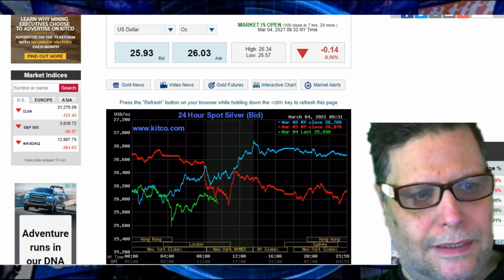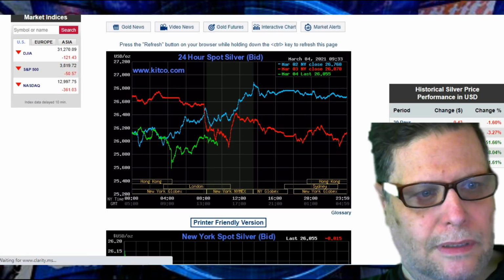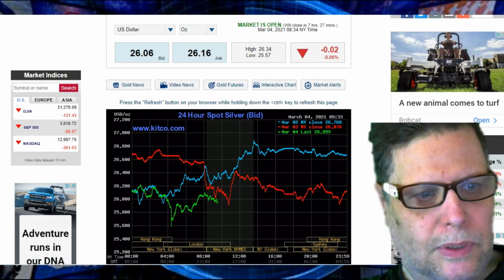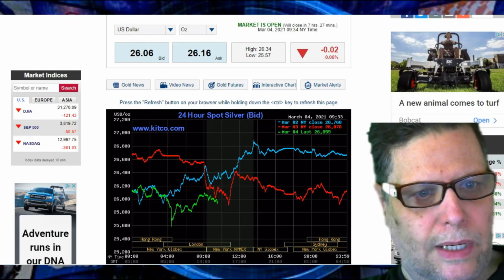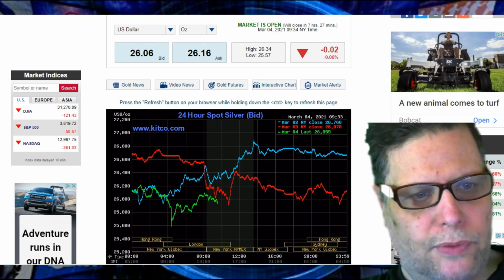You can see it's established this little range for itself in here between say 25.60 and say 26, or just right up close to 27, about 26.90 or whatever. It's on the lower side of the range right now, but it hasn't broken through that range, you know.